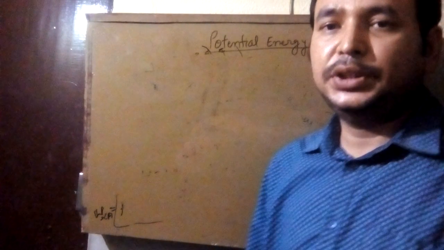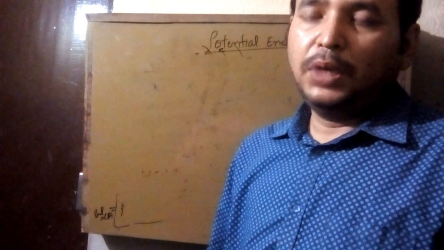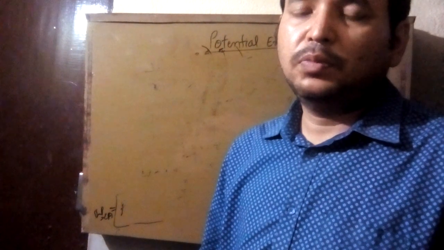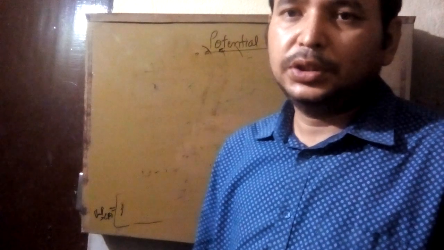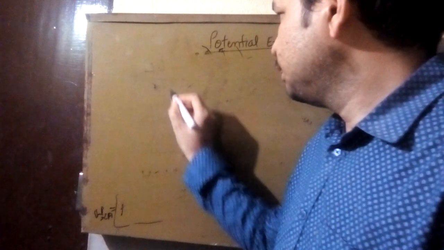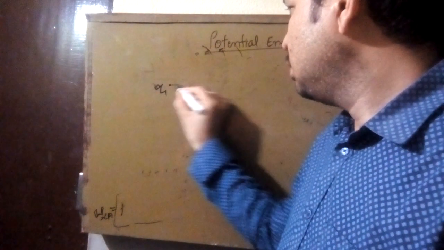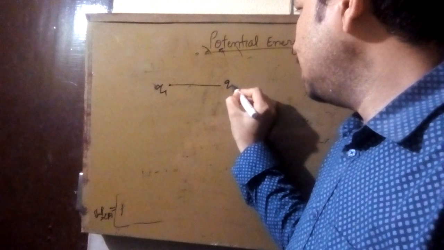So we have understood the potential energy of a system of two charges. But if there are more than two charges in a system, what is the total work done? We will calculate the formula for that also. Suppose Q1 charge is there and Q2 charge is there.